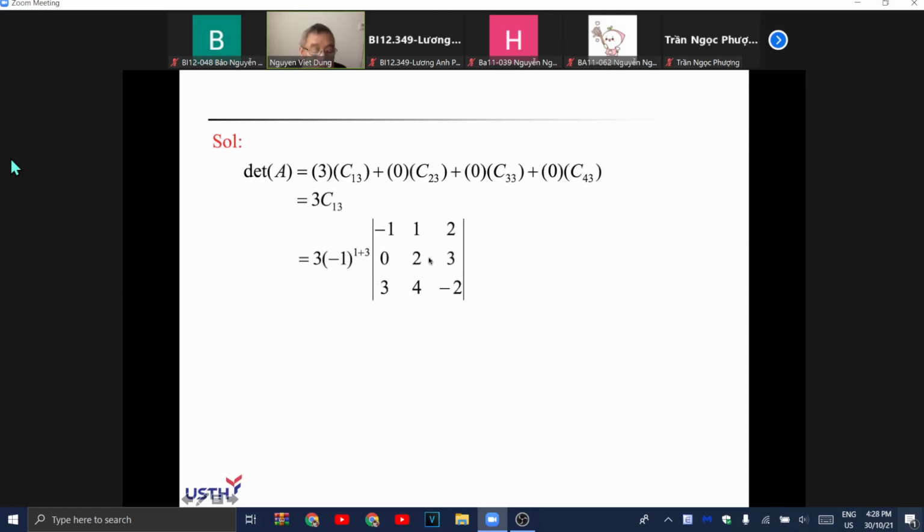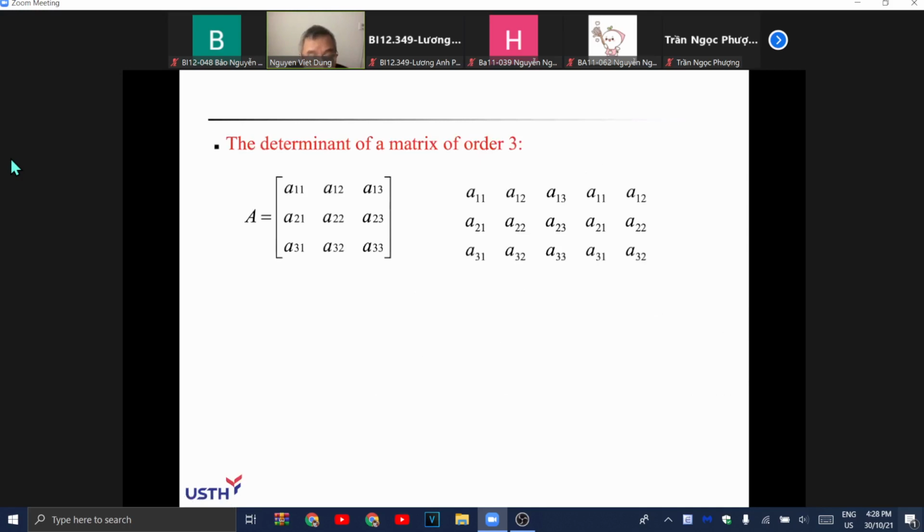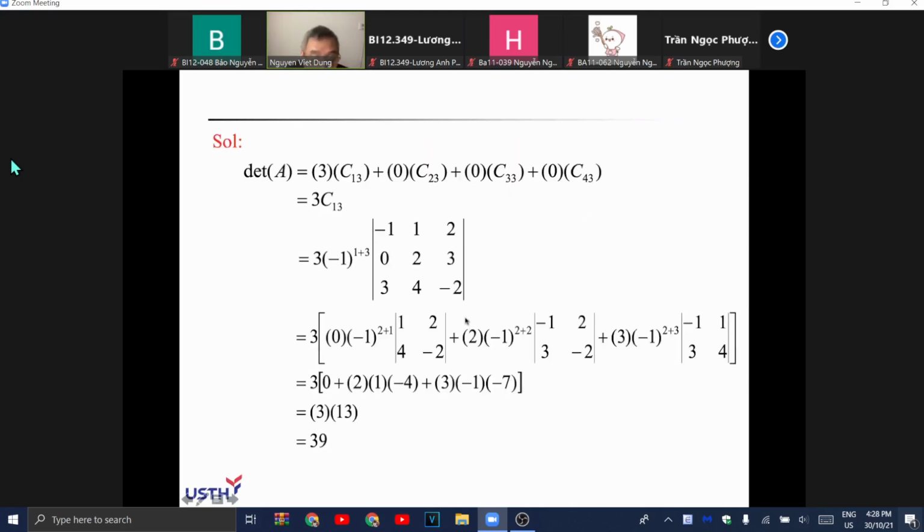And the determinant of a 3 by 3 matrix is very easy for you. You can expand it along that, and then you get that. Here we expand it along the second row, not along the first column, the second row, and the result is 39.